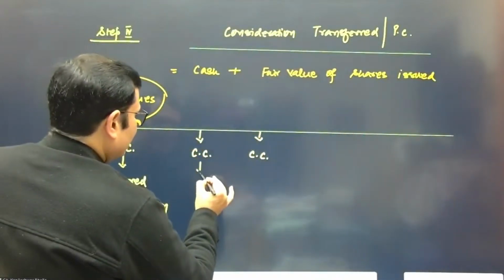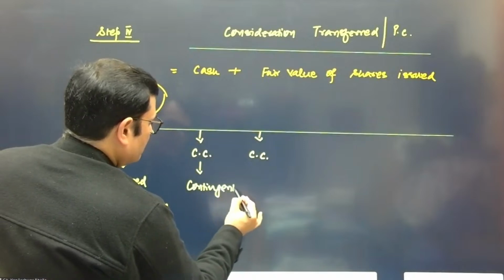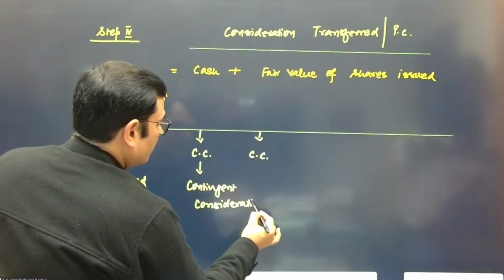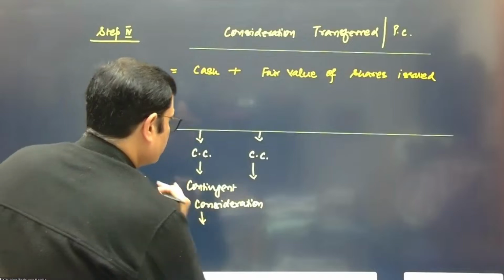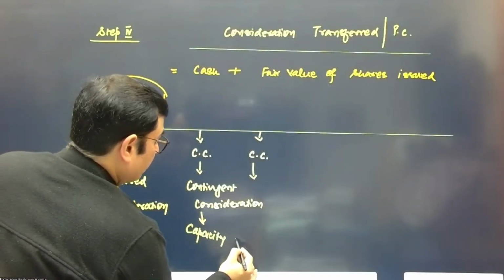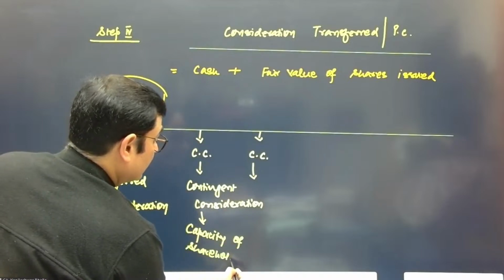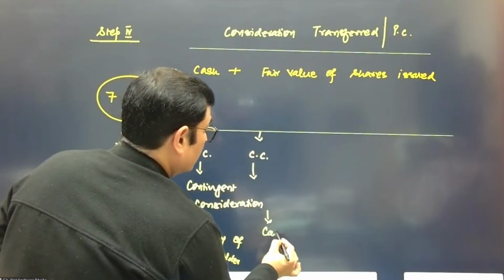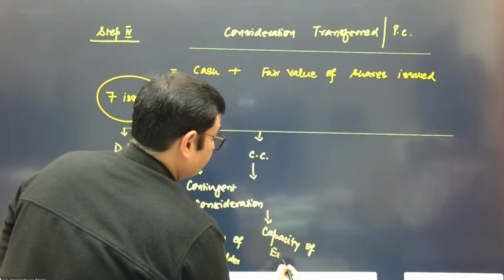Both the CC are basically called contingent consideration, but this is contingent consideration which is paid in the capacity of the shareholder, or this is contingent consideration which is paid in the capacity of employee.